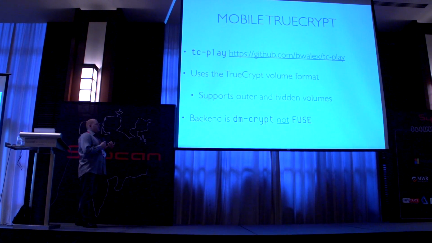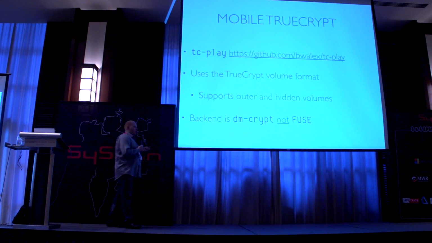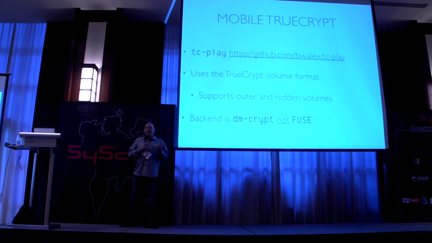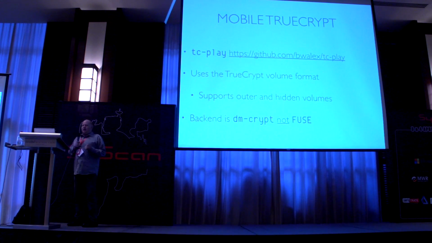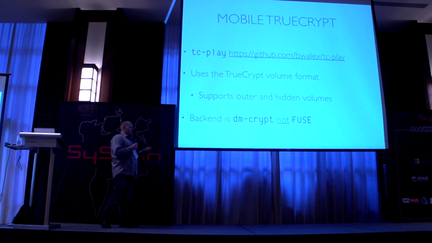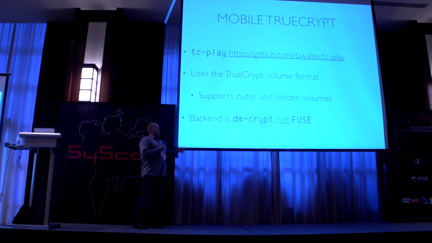TrueCrypt for Android is kind of broken. There's one version of it that you can get with an app called Kryptonite. The TrueCrypt sources use Fuse and the FAT file system. FAT we all know is crap. Fuse is actually really terrible.